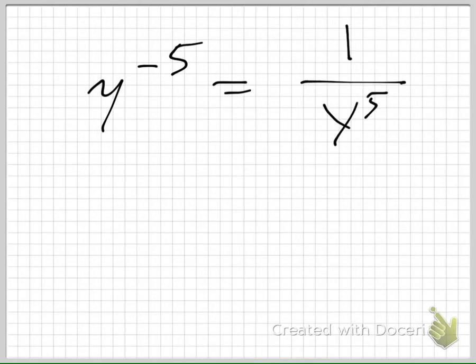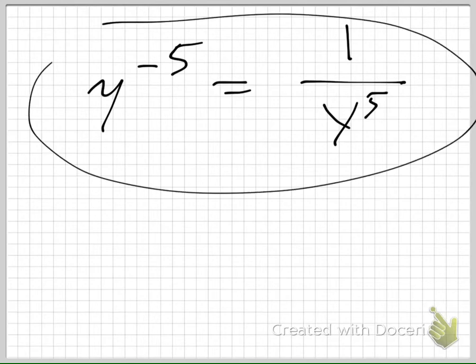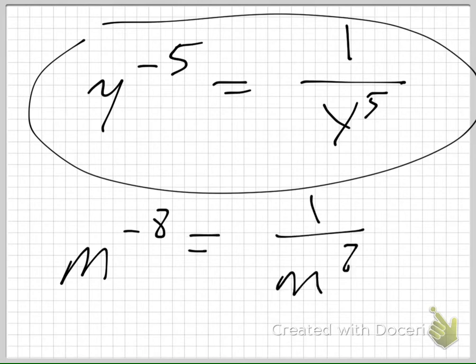If I end up with y to the negative 5th, that is equal to 1 over y to the 5th. If I have a negative exponent, it means the same thing as 1 over that variable to the positive exponent. That is true. m to the negative 8th is the same as 1 over m to the 8th.